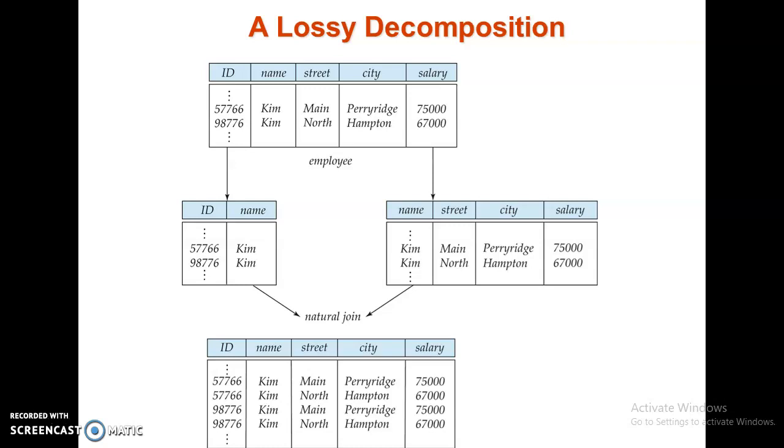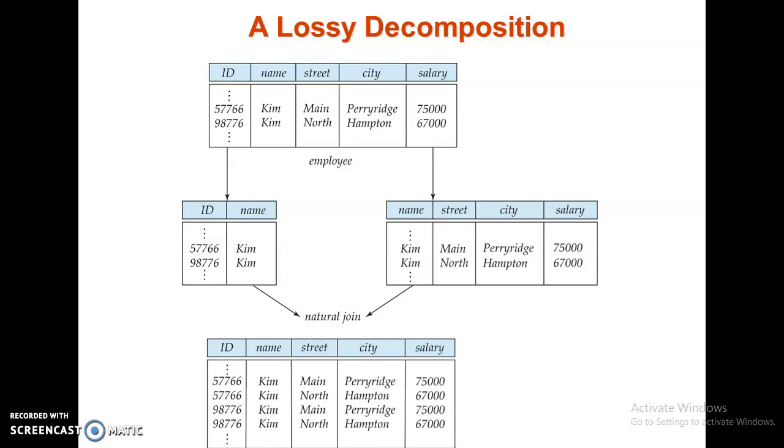And when it comes to the lossless join decomposition, the decomposition must be a lossless join. Lossless join decomposition means when you have decomposed a relation into two pieces, and if you perform a join operation on those two pieces you are able to reconstruct the original relation.